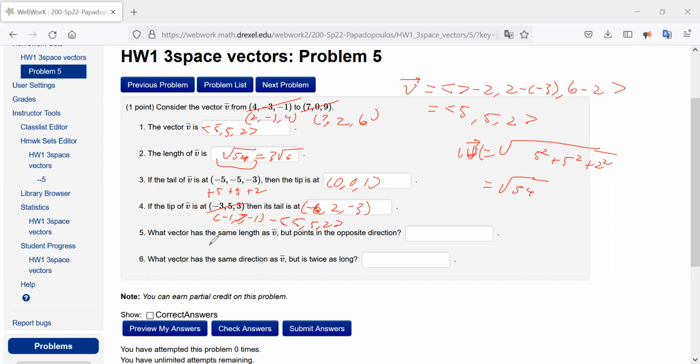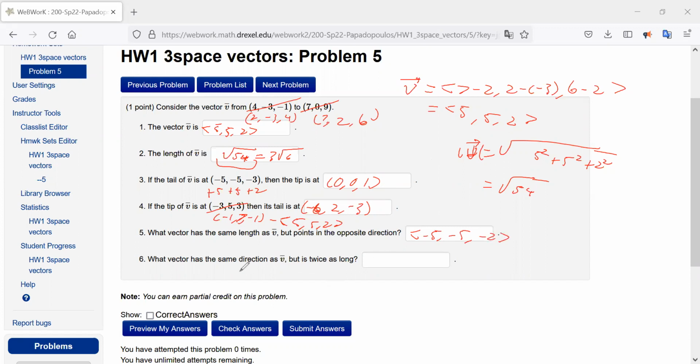Cool. So what is a vector that has the same length but points in the opposite direction? Well, that's just going to be the negative of this. If I multiply by -1, that'll preserve the length, but it will point in the opposite direction. So that'll be -5, -5, -2.